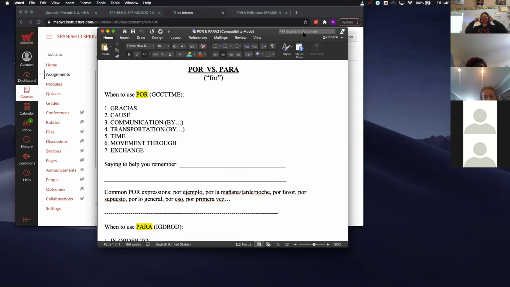Everybody make sure you're thinking about the word por. I'm going to read you my phrase so you can see what we used it for. Then after I go through it, I'm going to have you quiz yourself and see how many reasons you can remember. So your goal right now is to try to remember these as we're going through it. If you get at least half today, you're in decent shape.